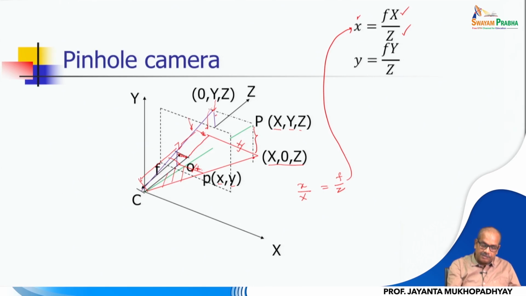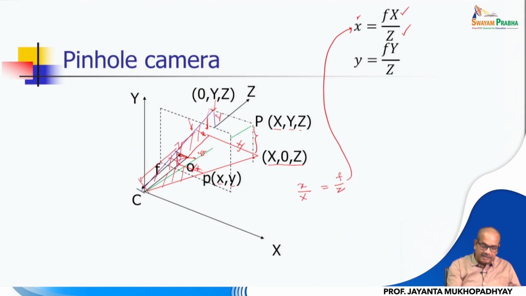This is the length of the y coordinate of that point, and this is the length of the y coordinate of the image point. Again with this triangle, shown by this violet line, there is a smaller triangle.